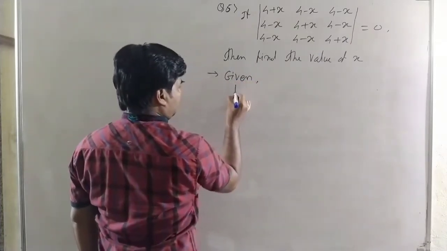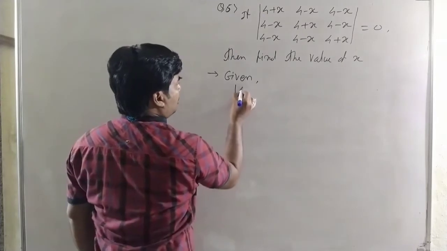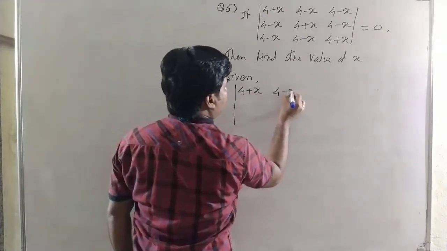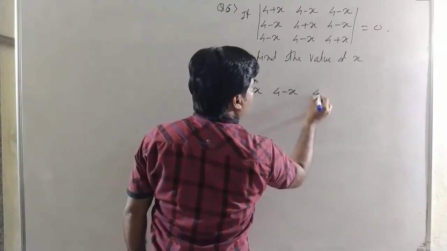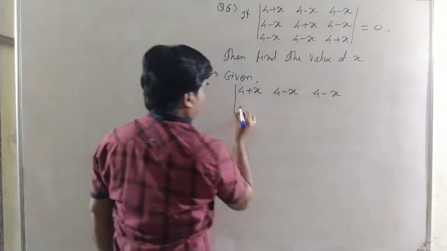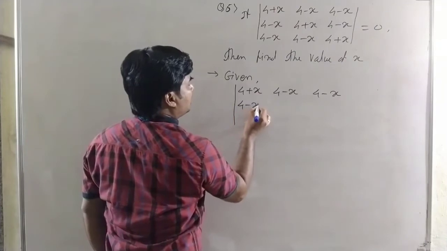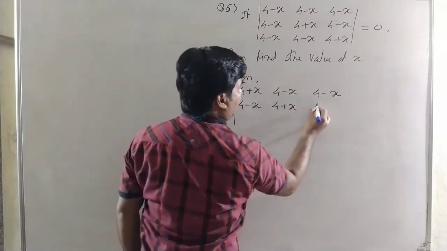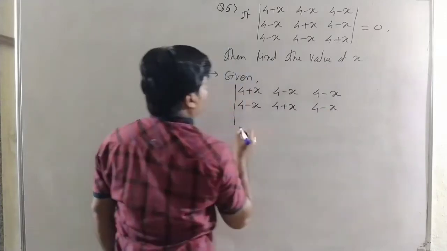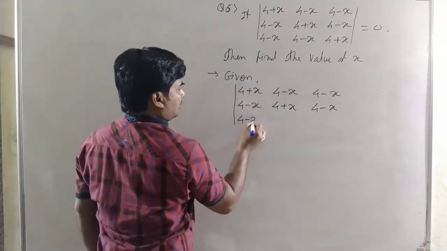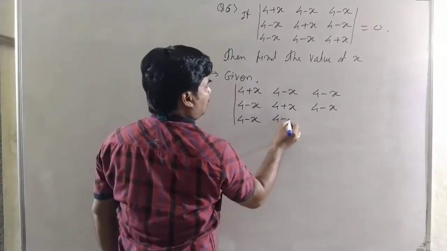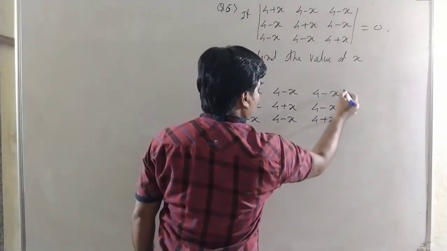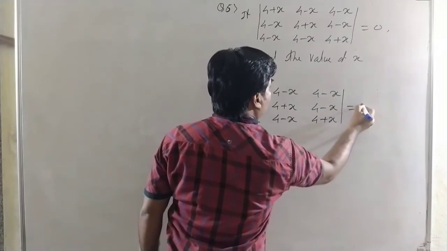Given it is, see carefully, 4 plus x, 4 minus x, 4 minus x; 4 minus x, 4 plus x, 4 minus x; 4 minus x, 4 minus x, 4 plus x is equal to 0.